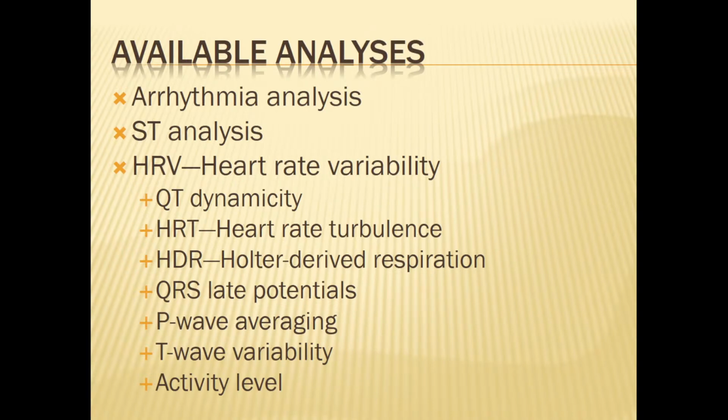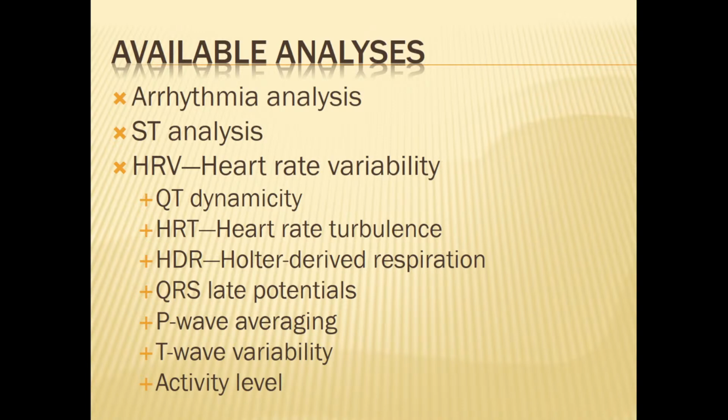What can we analyze in 24-hour ECG? Arrhythmia analysis, first of all. ST analysis can be done, less sensitive than arrhythmia analysis, but it is also possible to use it for detection of ST depression in patients with coronary artery disease. And the last one, mostly used in scientific research, is heart rate variability.